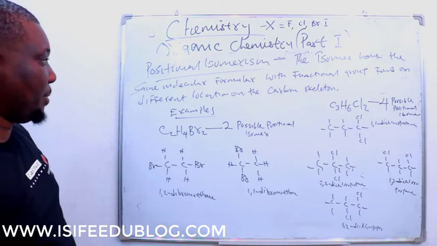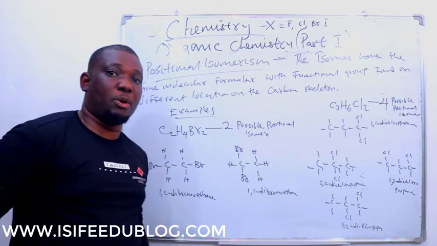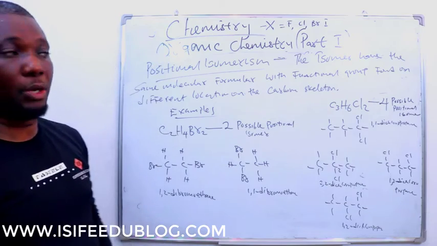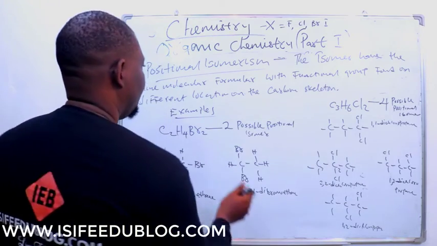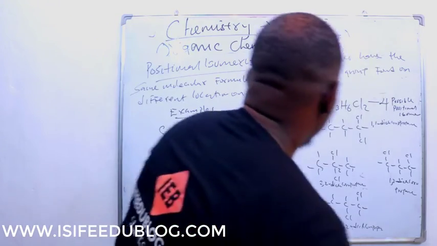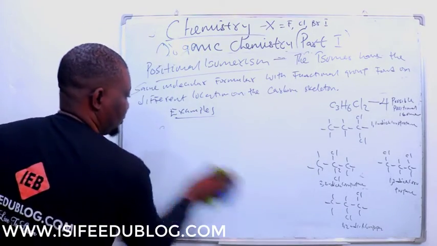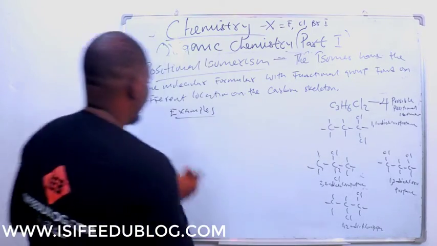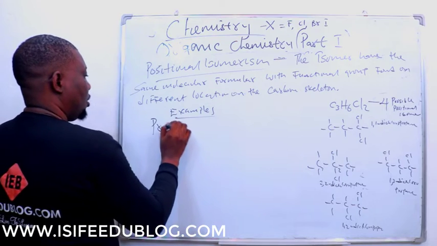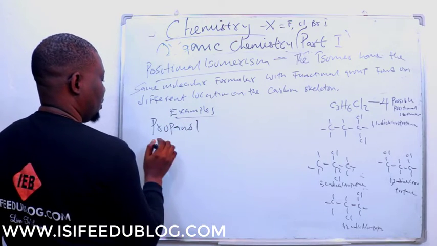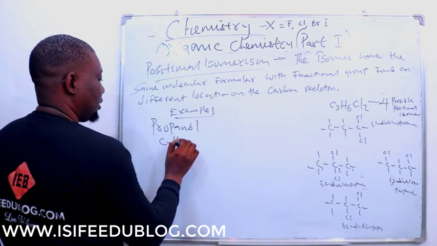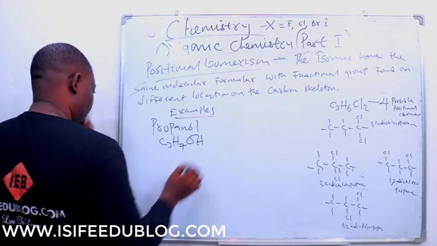Now, I'll give you the last example here. How many possible positional isomers will be obtained from propanol? Propanol is C3H7OH. How many?